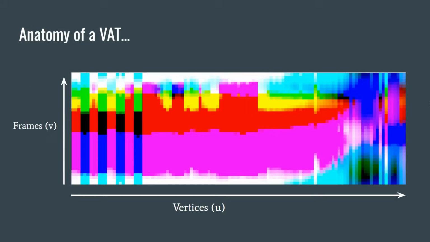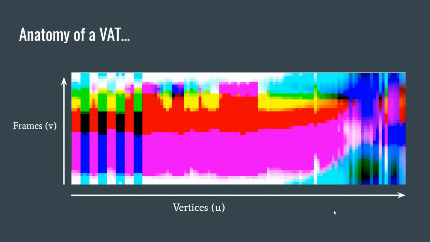So this is a vertex animation texture, and I know it looks scary, but once you understand the concept of what this is, it's kind of simple. A vertex animation texture is just a visual representation of an animation broken down into pixels.